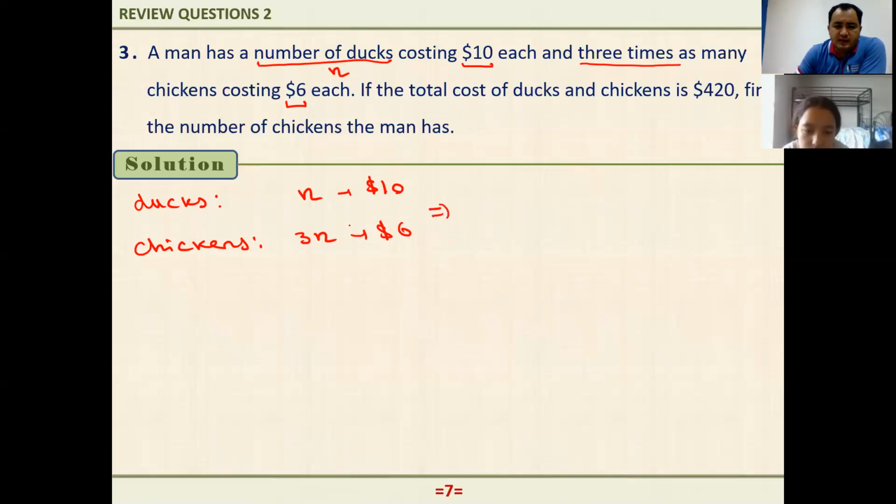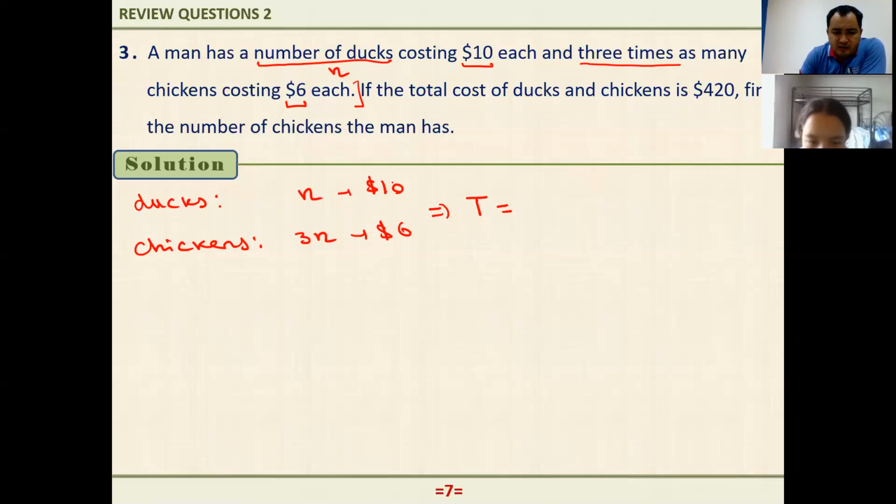Okay. So question for you, Shahina. If you buy N ducks, each duck is $10, and 3N chickens, each one is $6, how much do you pay in total? $420? No, forget about this. We haven't reached here yet, only until here. All right. In terms of N, what should I write here?